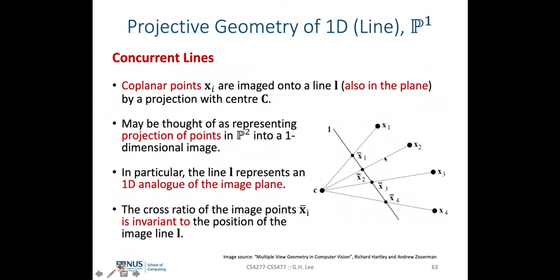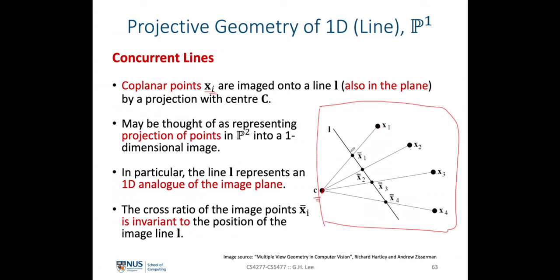And other properties of these concurrent lines would be any coplanar points denoted by xi over here. This means that all these, for example, these 4 points x1, x2, x3, x4, are living on a plane, which is the plane of this PowerPoint slide over here. And once they all form lines that converge at a certain converging center, the projection center, which we denote as C over here, it will intersect any line over here at 4 collinear points denoted as x bar 1 to x bar 4 here.